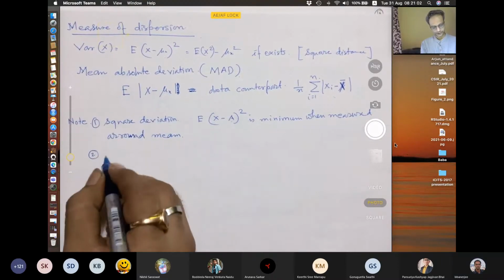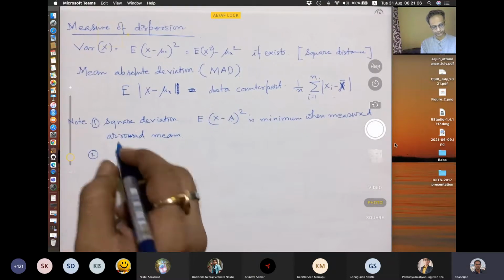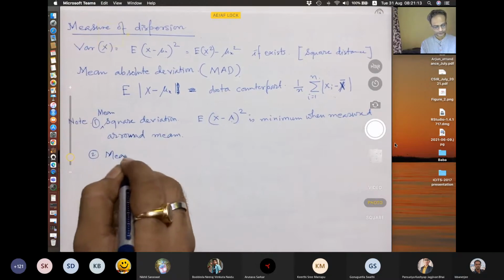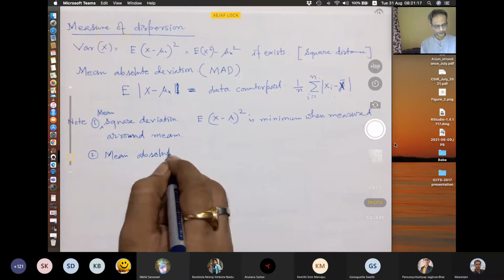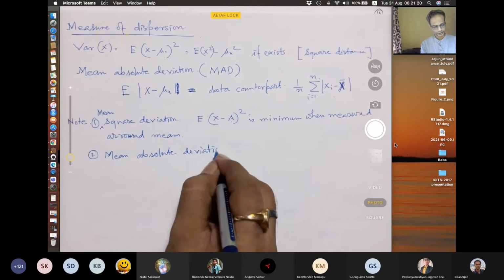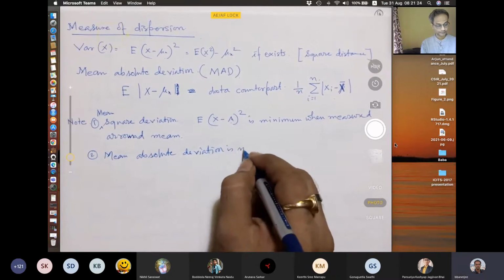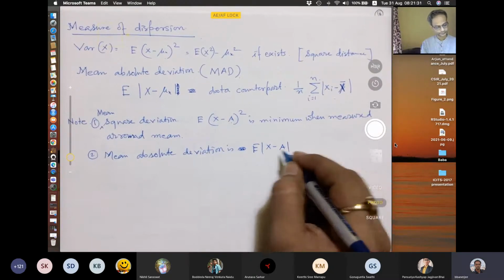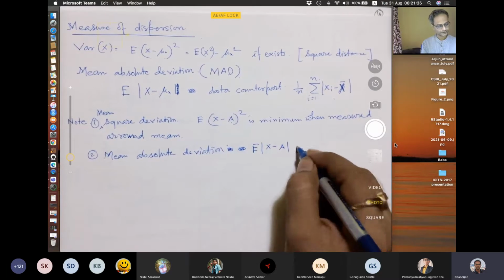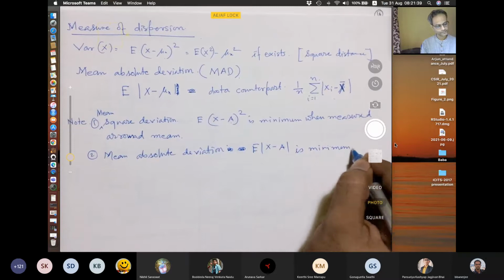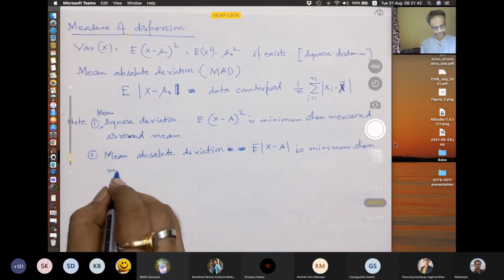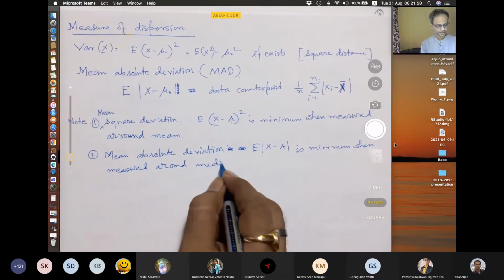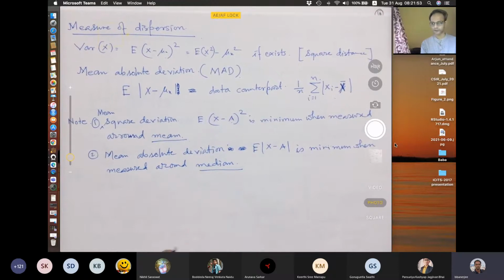And the mean absolute deviation, the expectation of |X minus a|, is minimum when measured around the median. In that way, they are connected.